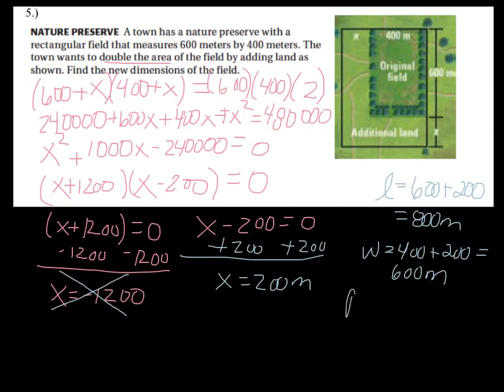So if we find the area and we take 800 times 600, we do in fact get 480,000. So it checks. They need to add 200 meters to both the length and the width in order to double the area of the original field.